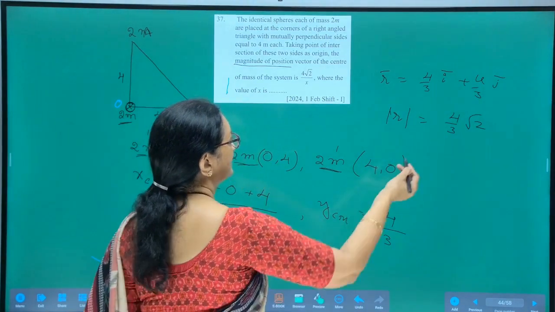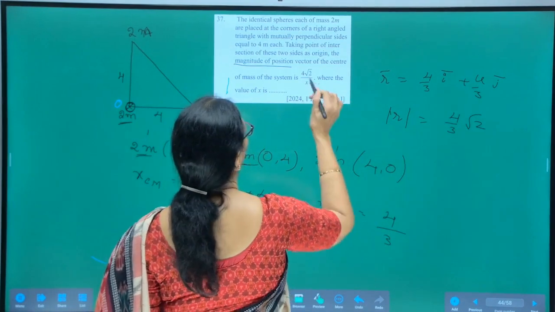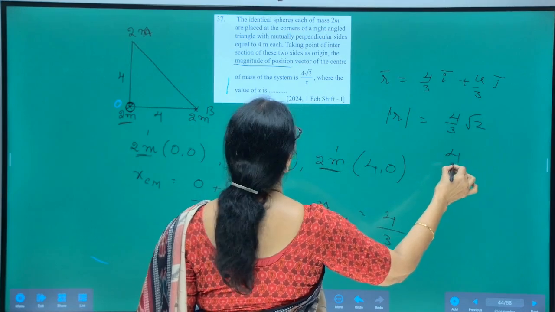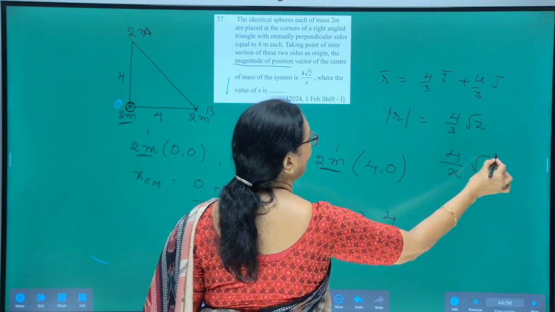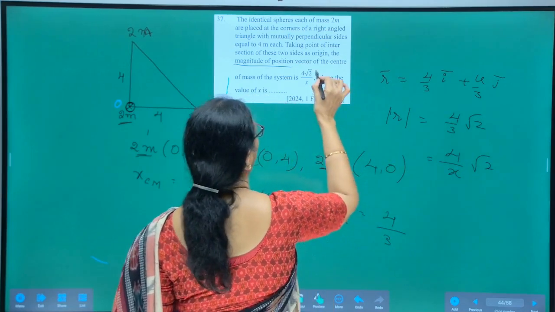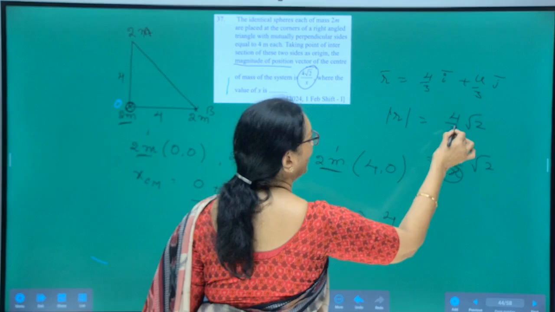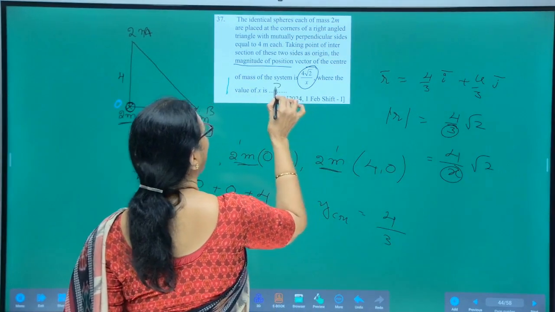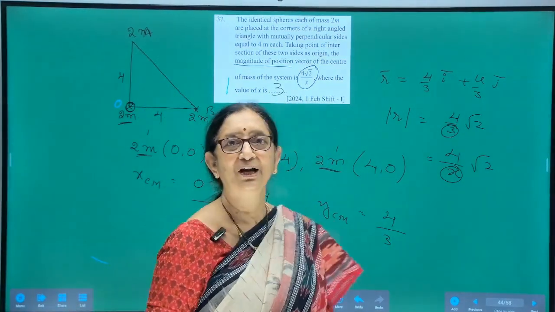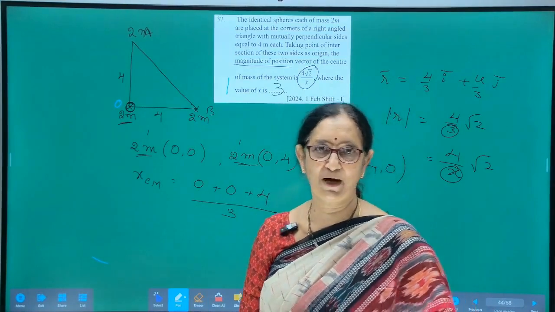So, it is 4 by 3 root 2, but it is given as 4 by x root 2 in the question. So, in place of x, we have 3 here, that is what we need to find in this problem.